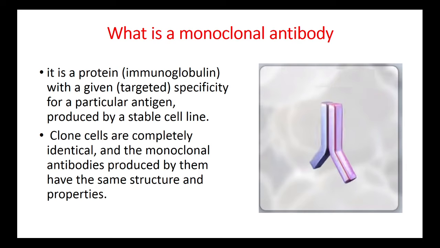Then a B lymphocyte can make a clone of cells and produce many monoclonal antibodies which are all identical.